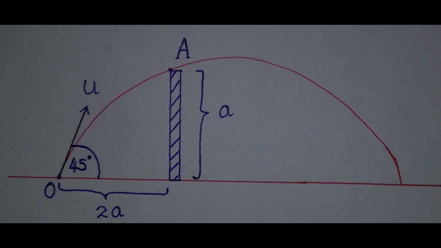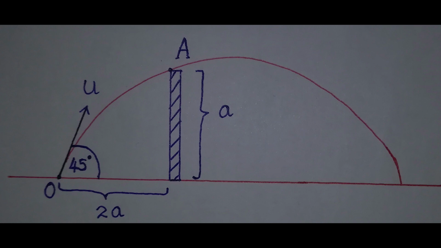Then I have marked the wall in the projectile motion and labeled the topmost point of the wall as capital A. Then we have to show this particle will go over the wall if this initial velocity u is greater than 2 times square root ga.